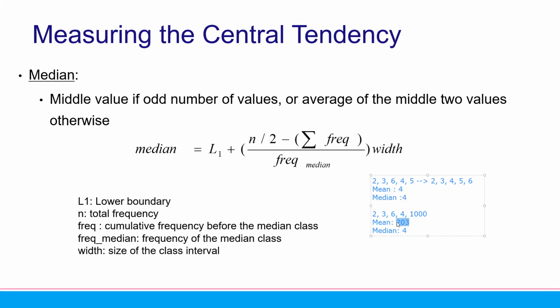Actually, this is something that you will do more with your data mining. Oh, if the mean is 200 and the median is 4, then I would like to remove some outlier data. Okay. Then, you already understand.